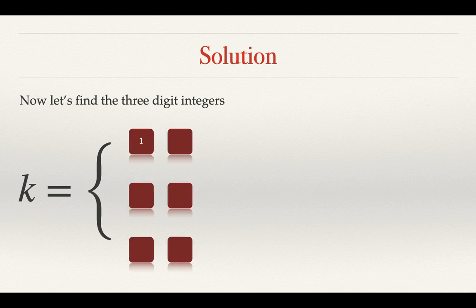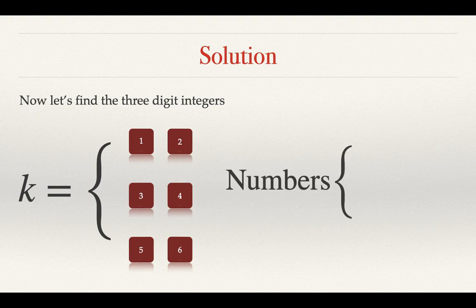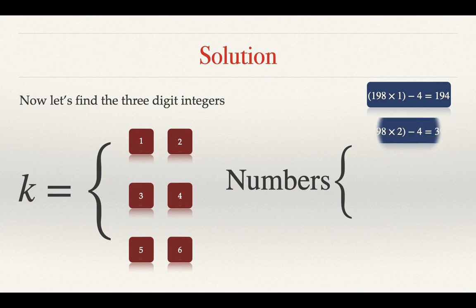Okay, so 6 values, 1, 2, 3, 4, 5, 6. Now 198k minus 4, we have to put these values of k and we have to see up to which value of k we are getting a 3-digit integer. The first one, when we are taking k as 1, we got 194.